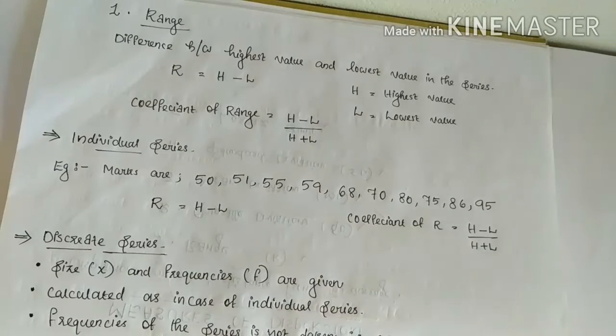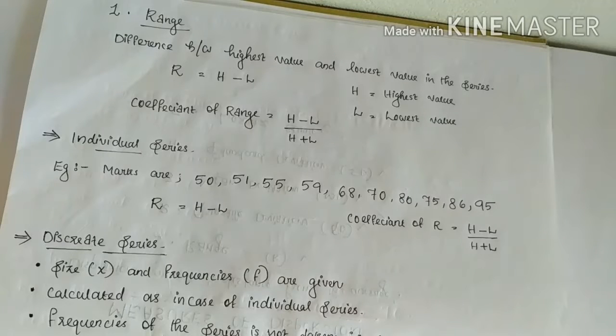The first measure of dispersion is range. Range is one of the simplest measures of dispersion. The term range means the difference between the highest value and the lowest value in the series.